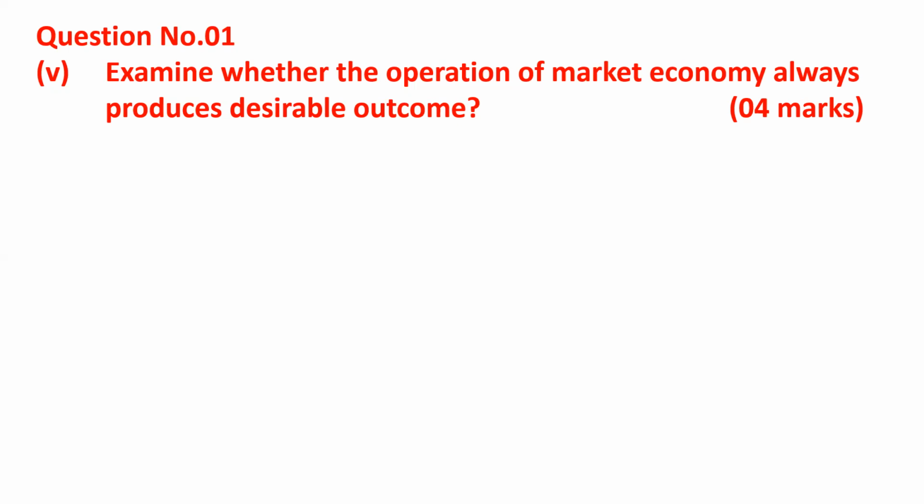Whether the operation of market economy always produces desirable outcomes. What do you mean by this desirable outcome? That means whether the market economy gives what society wants, or whether the market economy always satisfies society.